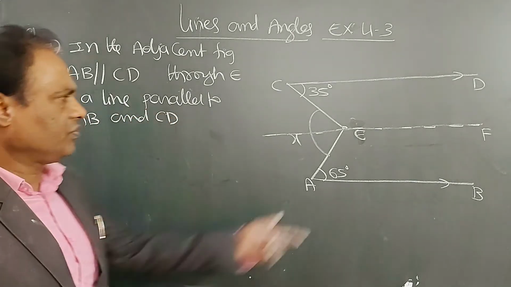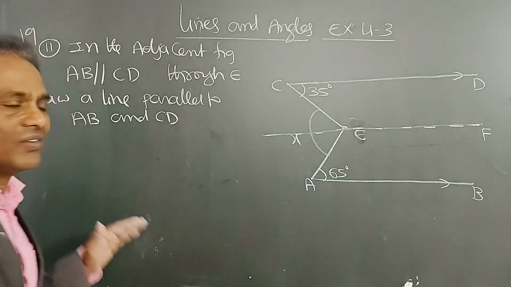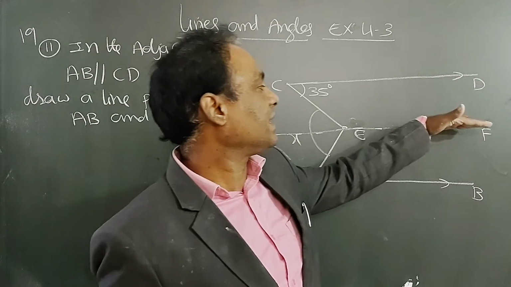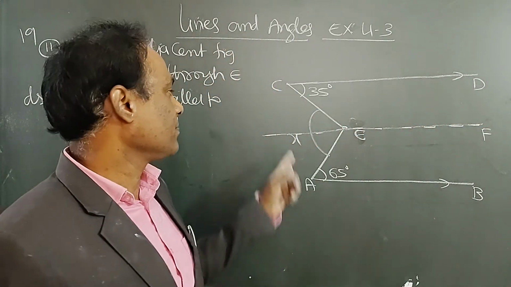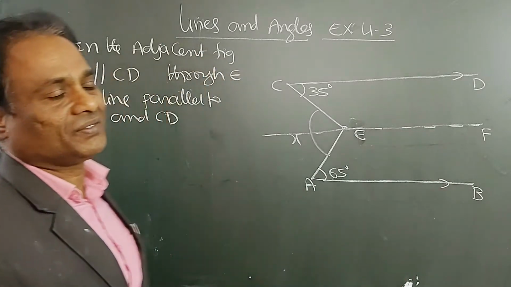Of course, if this is parallel to this, then it will be parallel to this also, because these two are parallel. I did one construction: through E, draw a line parallel to AB and also parallel to CD.